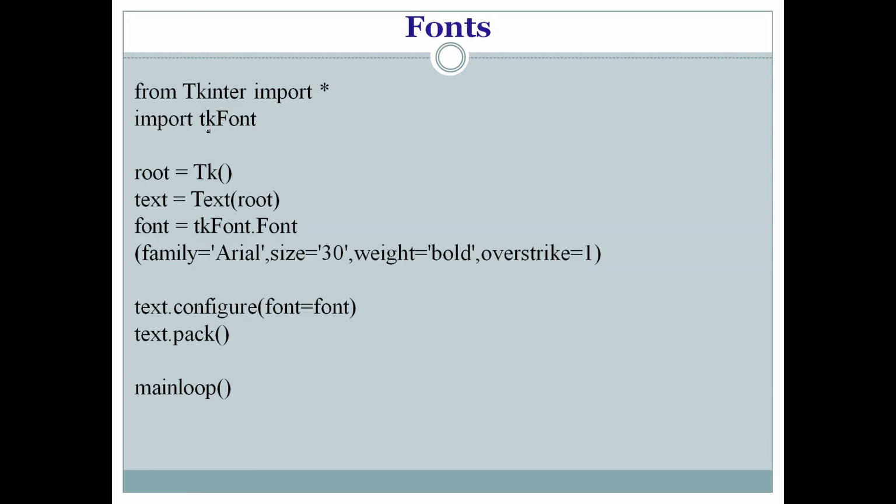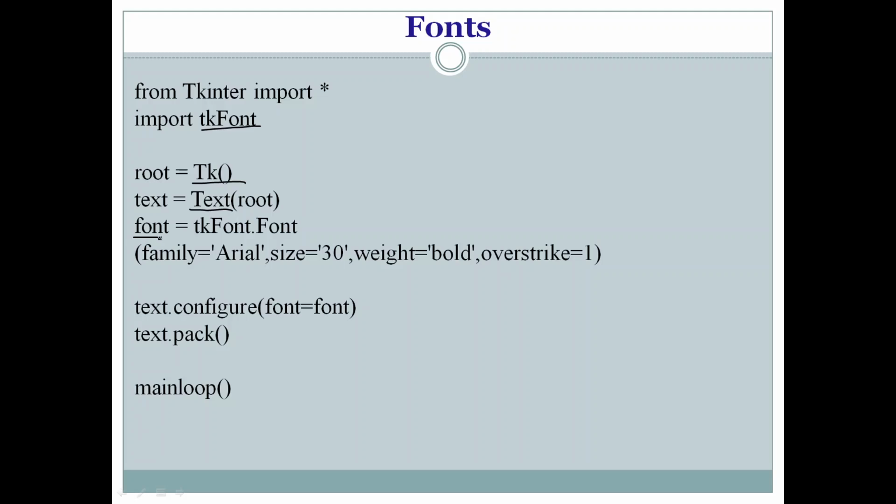Okay, look at this example. We have imported tkinter, and we have also imported tk font. Then the root window is created. After creating the root window, you can see we have created a text widget. The text widget is used to enter multi-line text, as we have studied earlier.